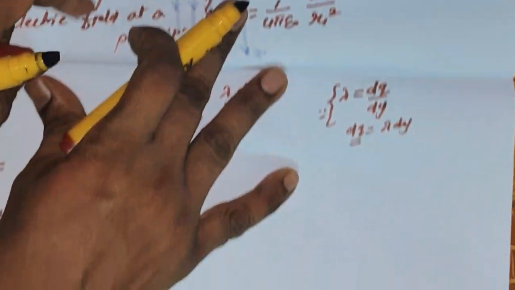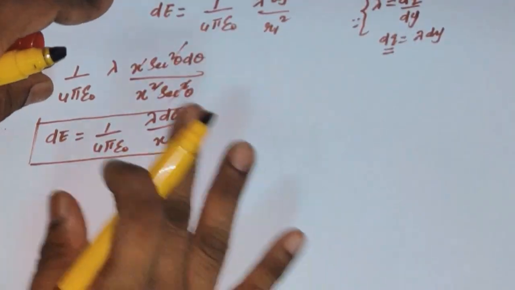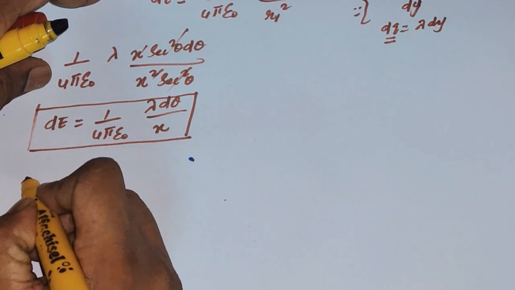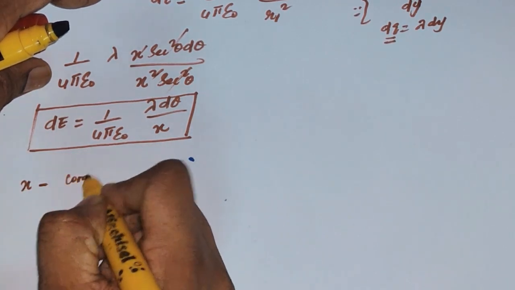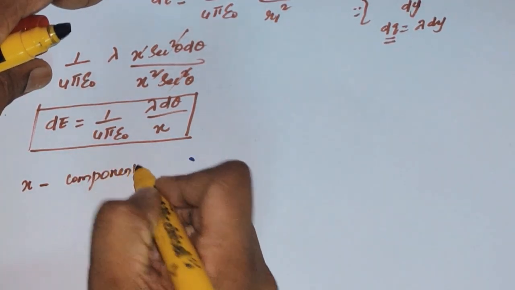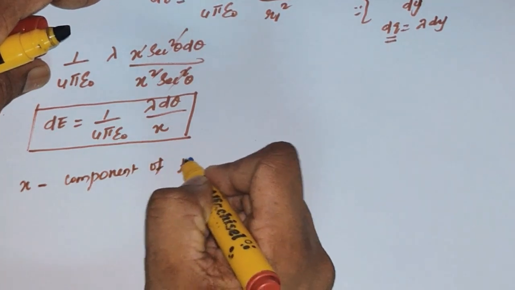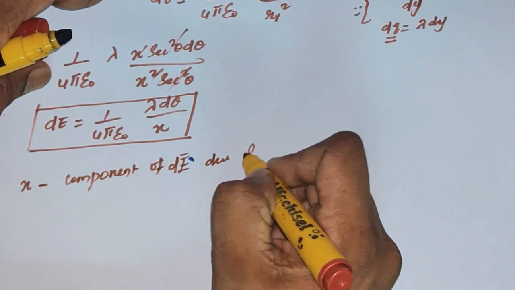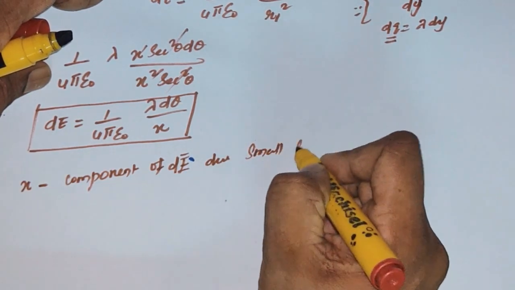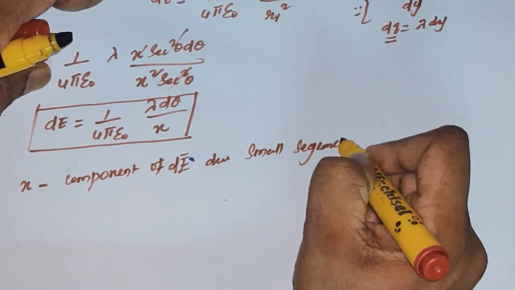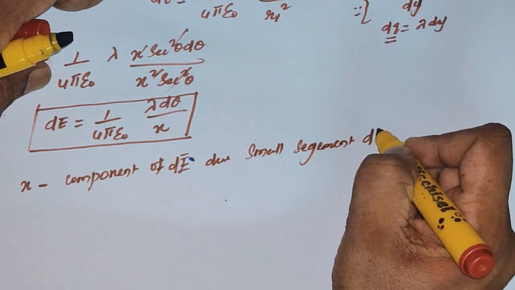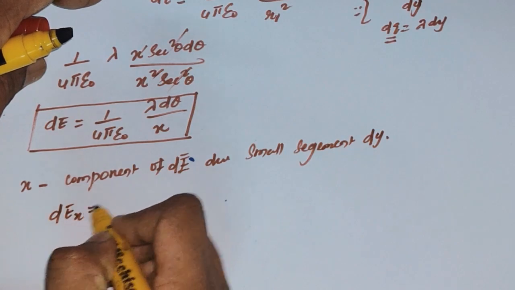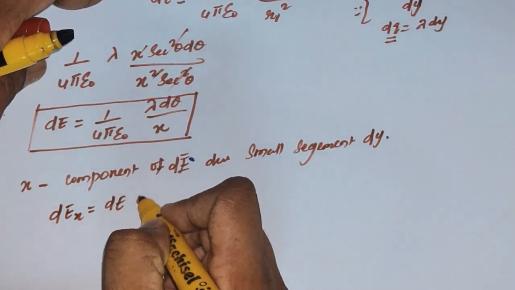So what you have to do: dEx, the x component of the electric field, the electric field dE due to the small segment dy, would be equal to dE cos theta.